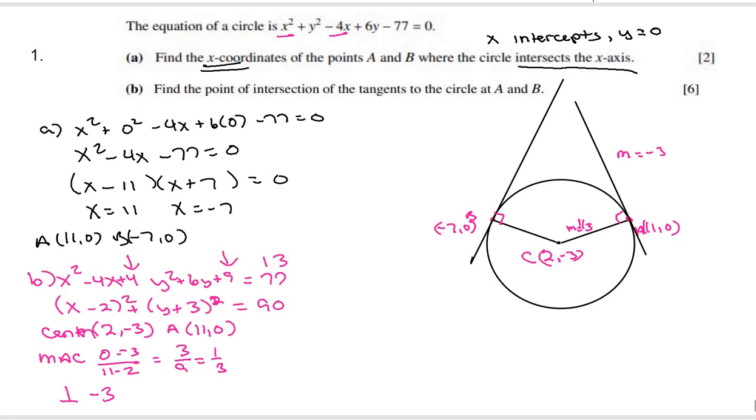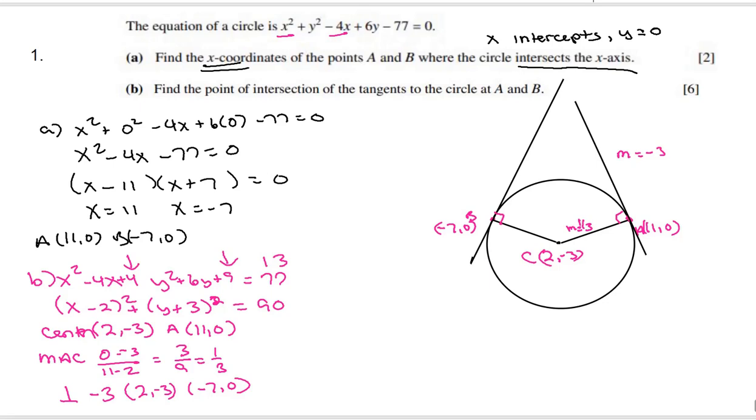Now, you can figure it out, but what's going to happen is, you know, this is symmetry here. Notice how these both are lined up. If I go and do the other slope, the center is going to be 2, -3, and then that point is going to be -7, 0.